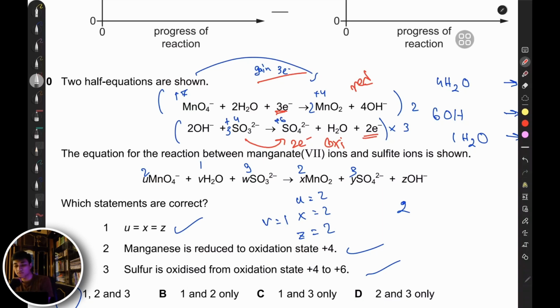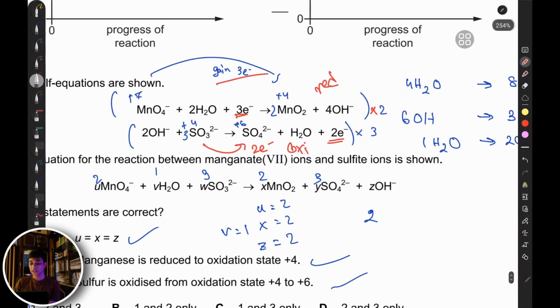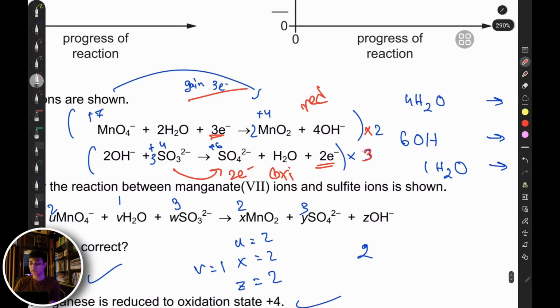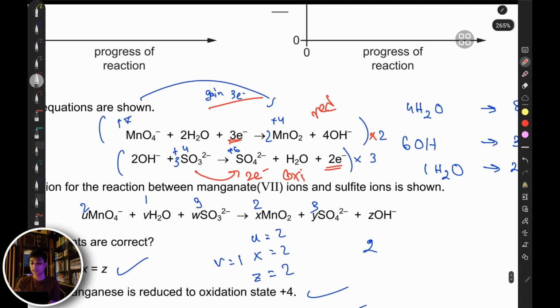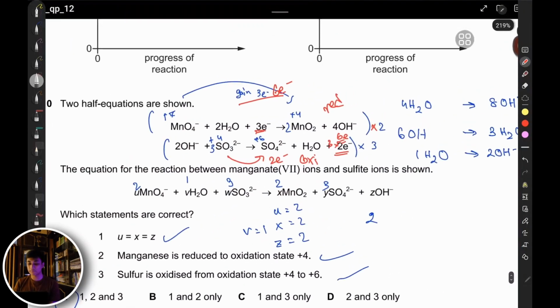The number of electrons are not balanced. What can we do to balance the electrons? We can multiply the above equation by 2 and the equation below by 3. If we do that, we will have 6 electrons above and 6 electrons below. So the entire equation is balanced.